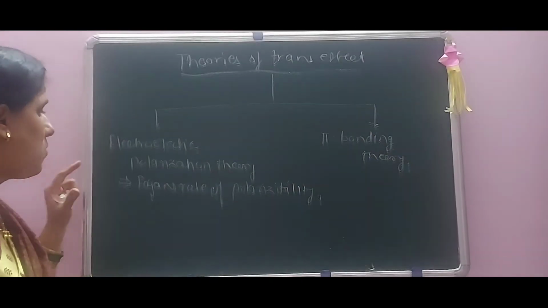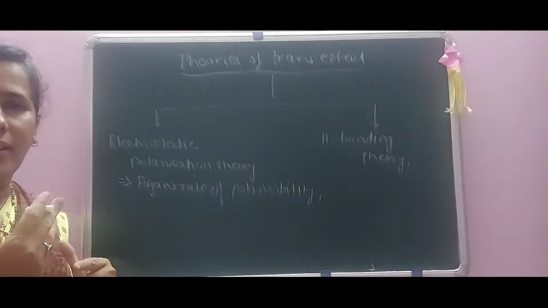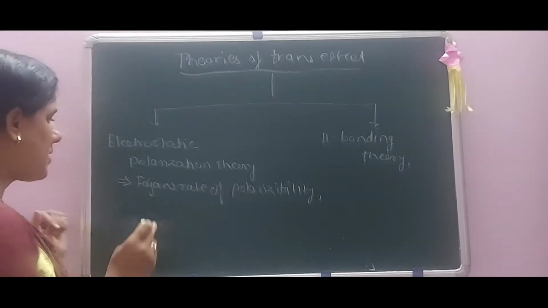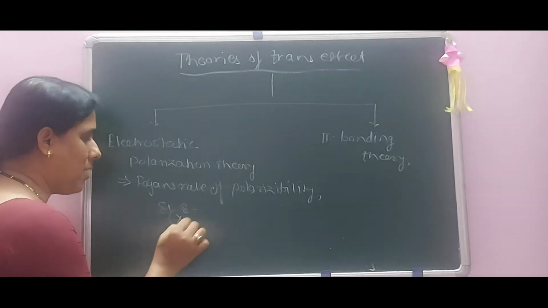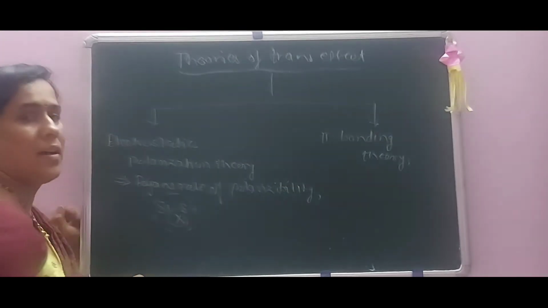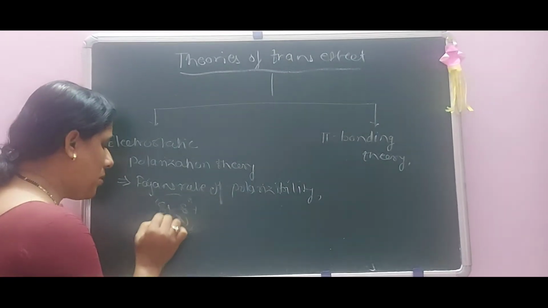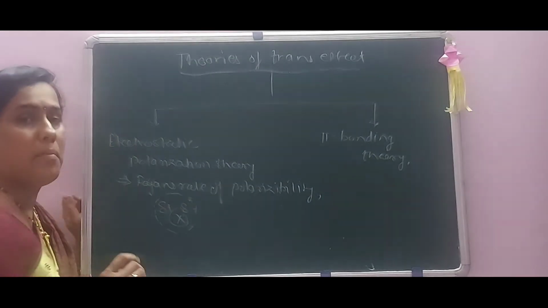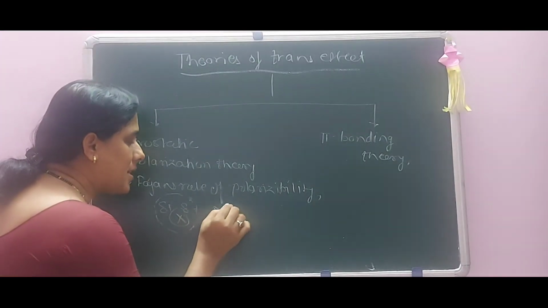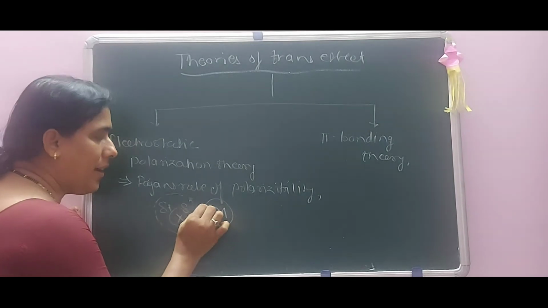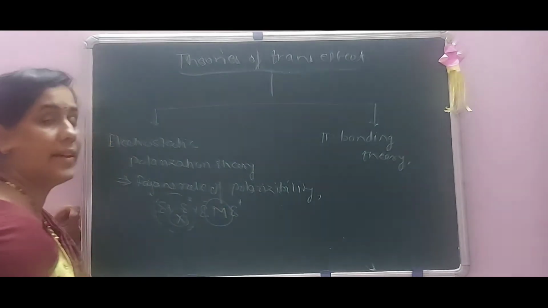Polarizability, in short, is this: when a ligand develops its polarities, delta positive and delta negative, it induces a dipole moment. Due to this, it induces the central metal ion with charges of delta positive and delta negative.